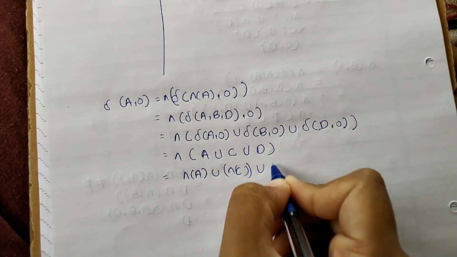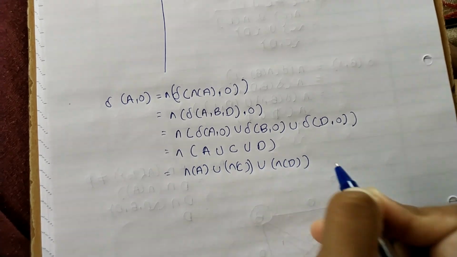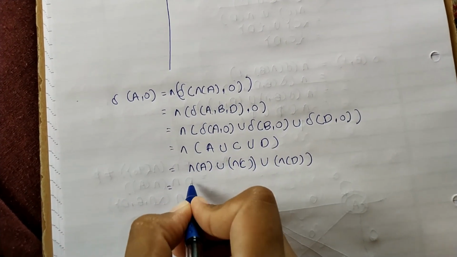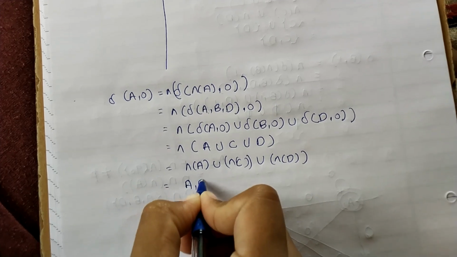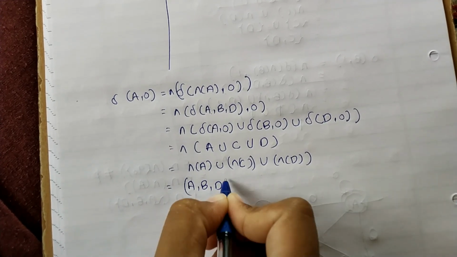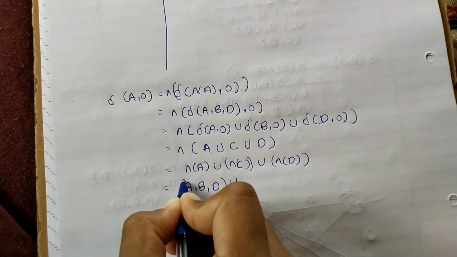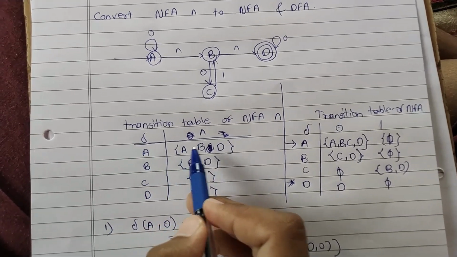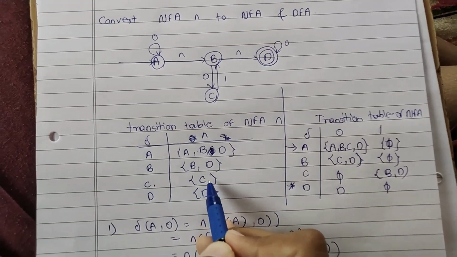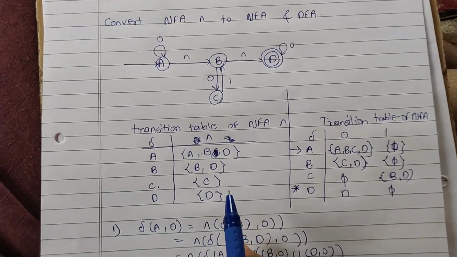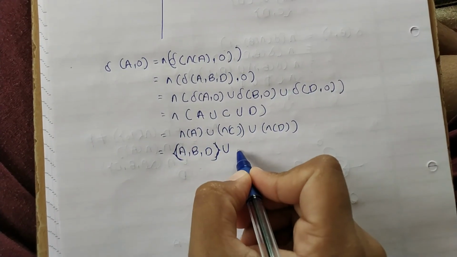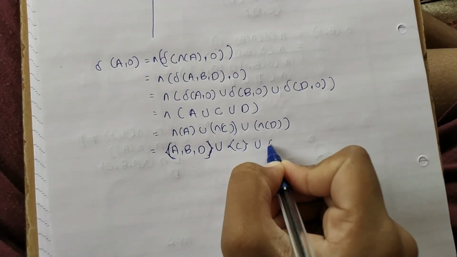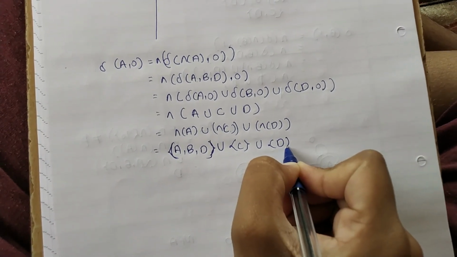Now null of A union null of C union null of D. So null of A, here we know ABD, union. Now this is the set. Null of A is ABD, null of C is C, and null of D is D. Now null of C is C itself, and union null of D itself.